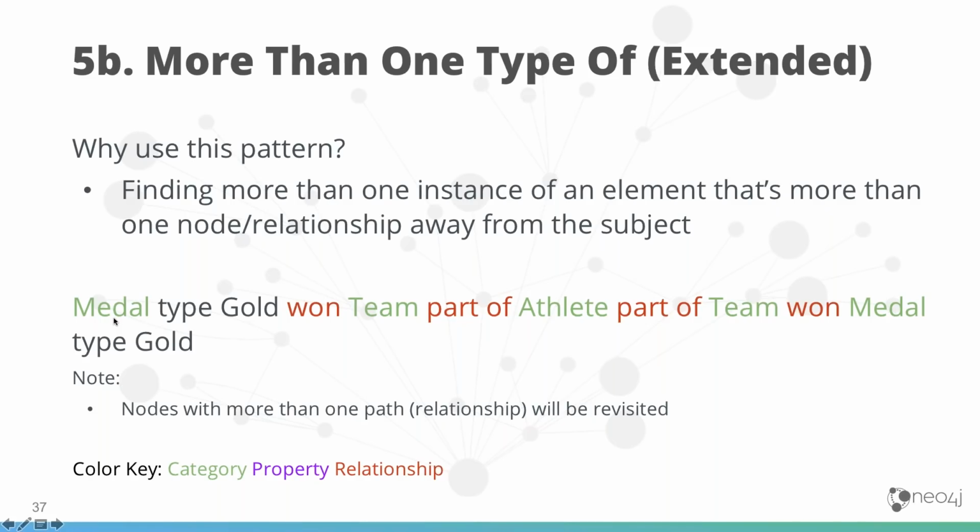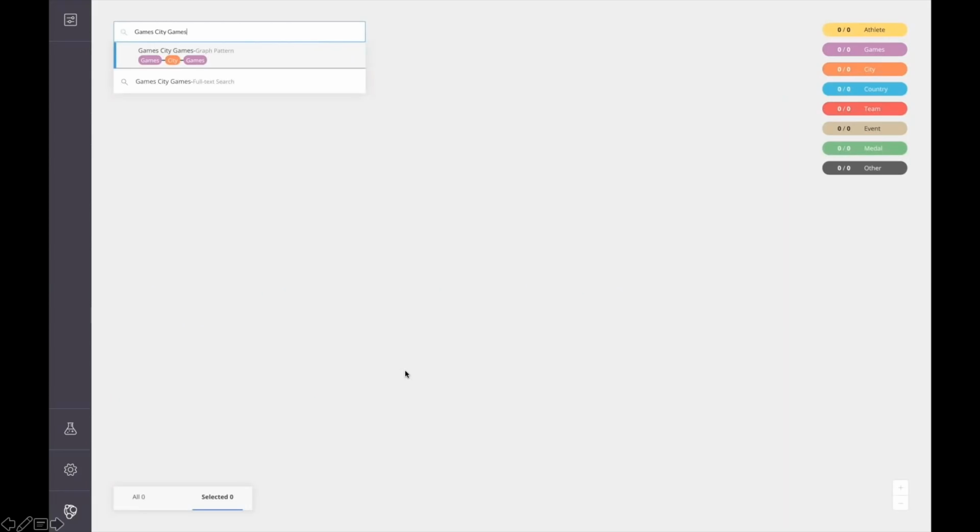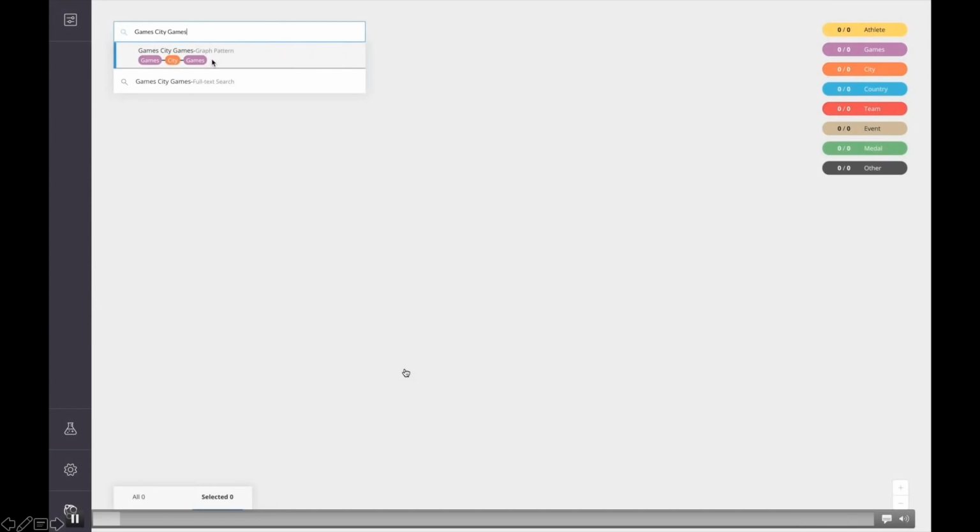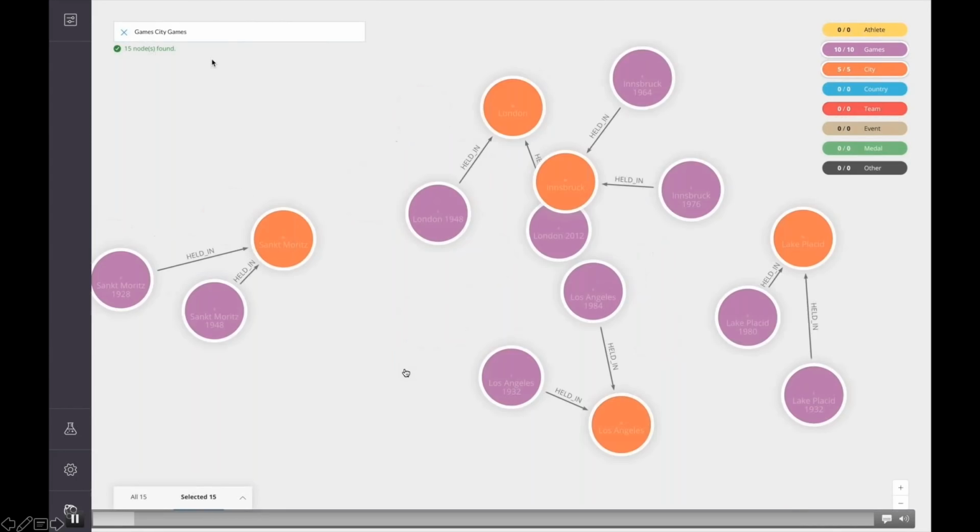So we'll start with the first example of games for the city, and you can see the cities with different games that were held. And then we're going to put in this other pattern that we saw, and then Bloom recognizes this pattern as well.